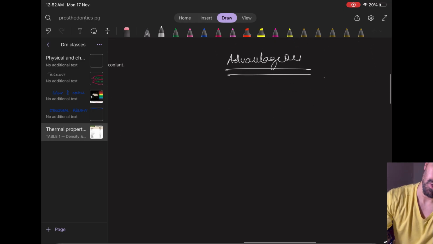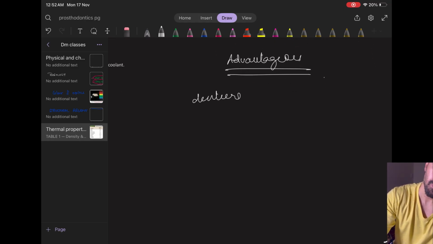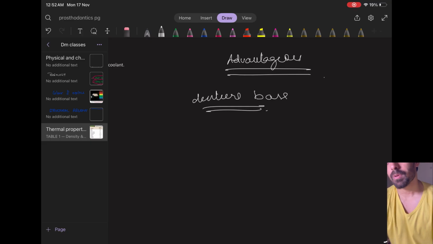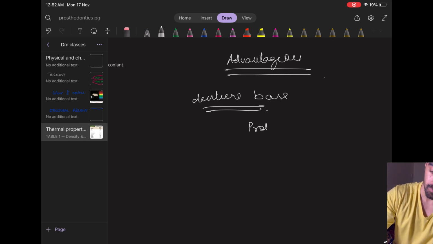In the case of a denture base, whenever we are providing a denture to the patient, heat transfer is very important, because we require heat transfer to the mucosa so that we can sense when something hot or something cold is coming, and for taste sensation too, it can act as a protective response.